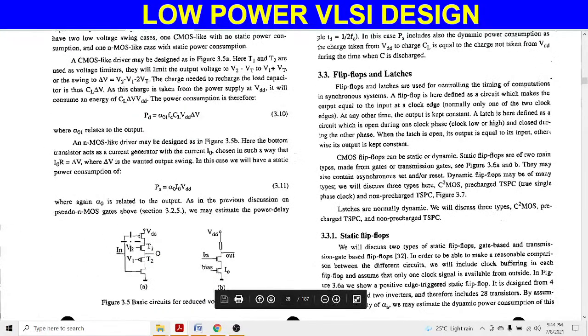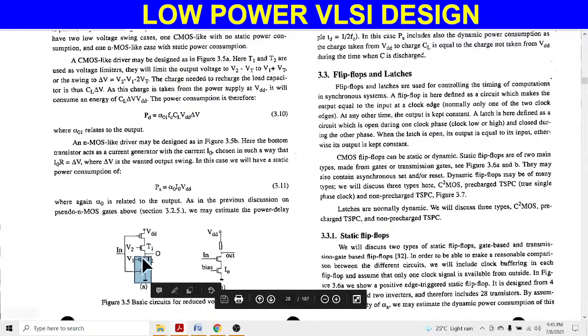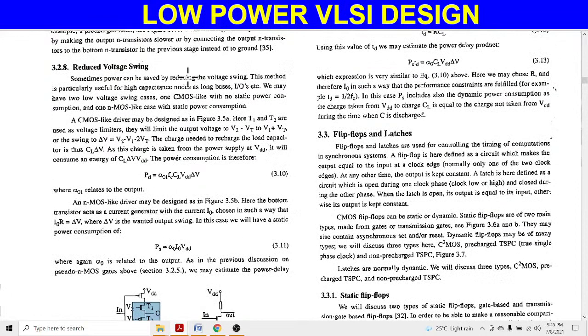Here you can see two external transistors are connected. One is NMOS and one is PMOS. PMOS is connected with the upper and NMOS is connected with the lower. Why are these two NMOS and PMOS connected here? The main significance of connecting these two transistors here is to reduce the swing voltage.